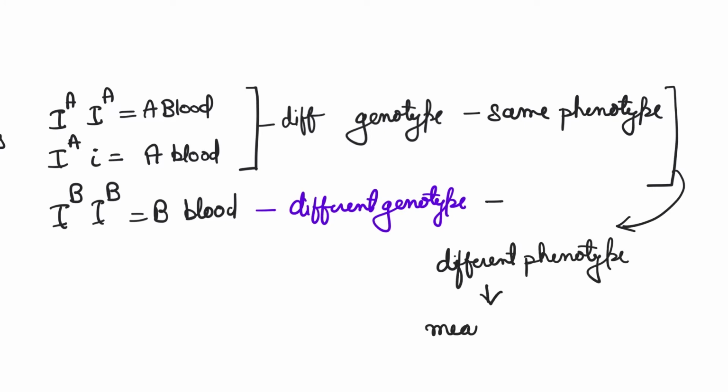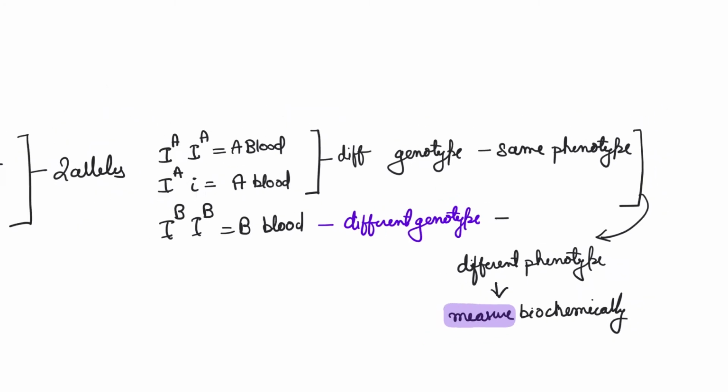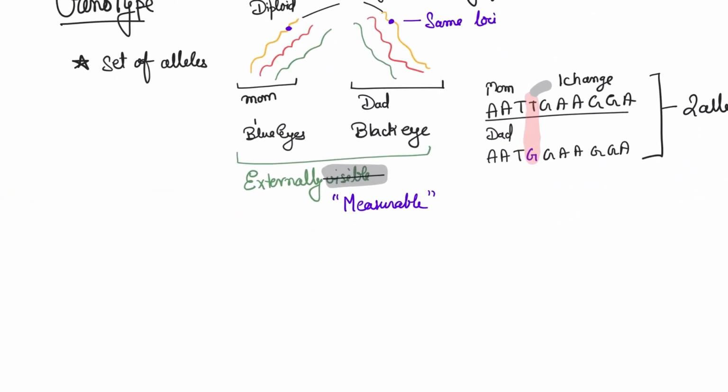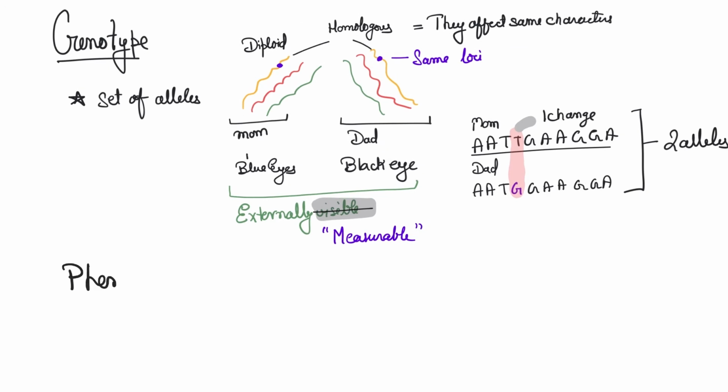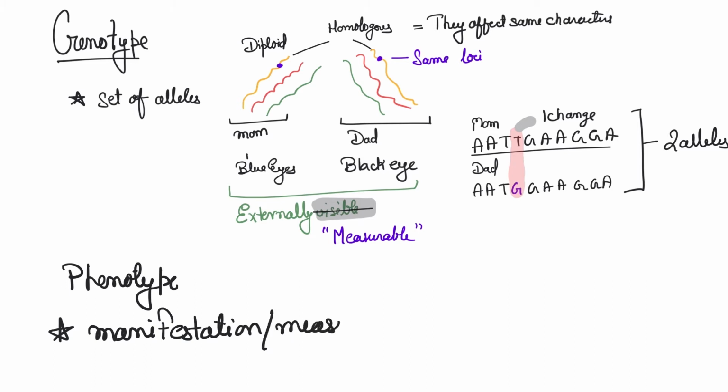Just to summarize, it is the manifestation, or the measurable form, of the genes that you possess. Now, genotype exerts a limit on phenotype. What does this mean? Let's say a plant is big T, that means it has the alleles for tallness.